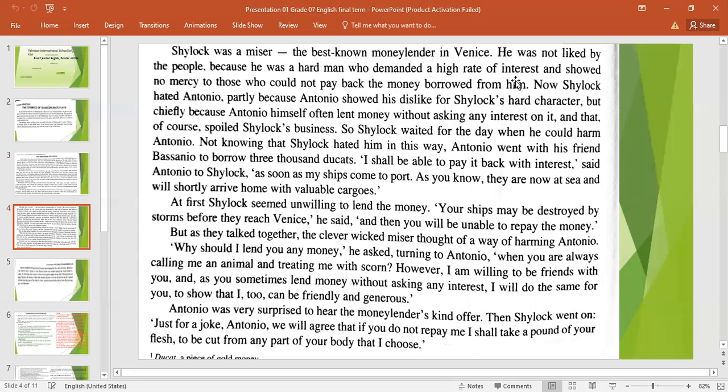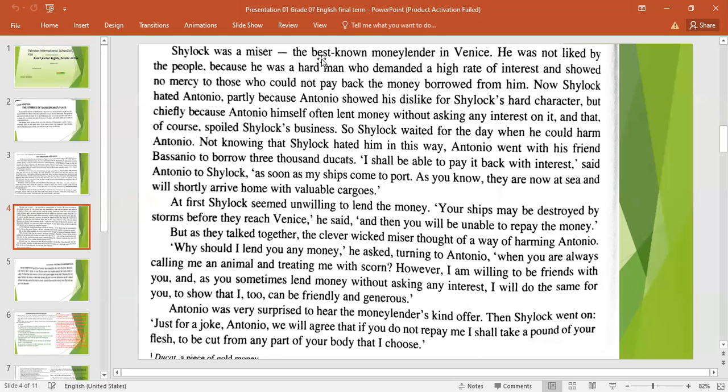He was not liked by the people because he was a hard man who demanded a high rate of interest and showed no mercy to those who could not pay back the money borrowed from him.